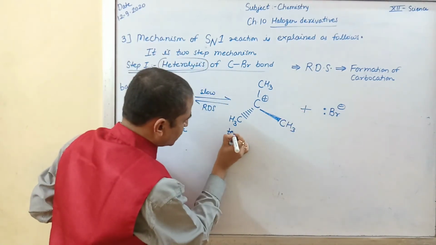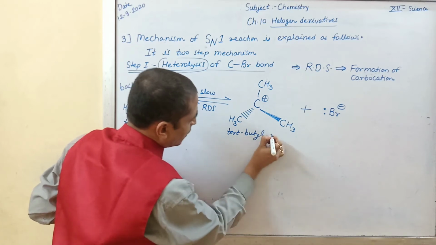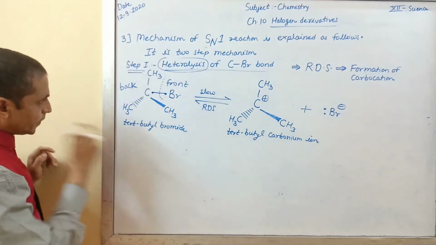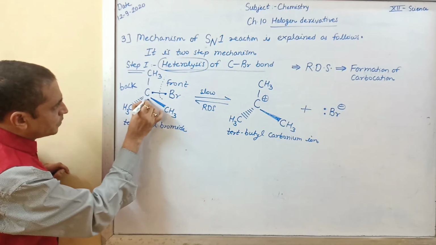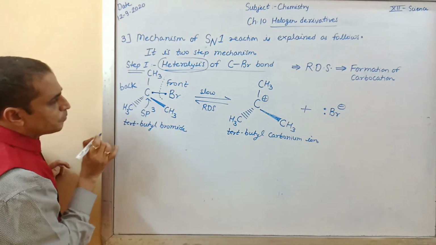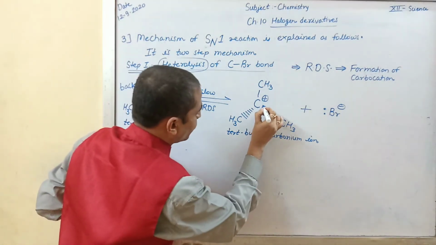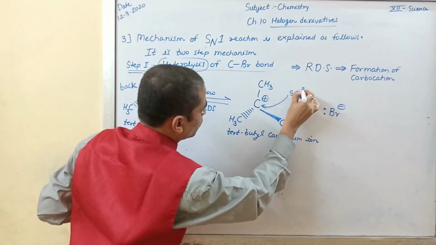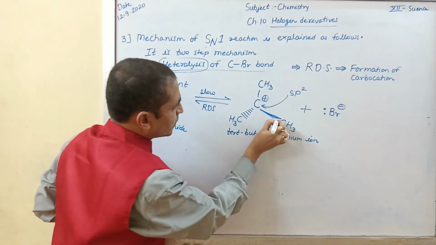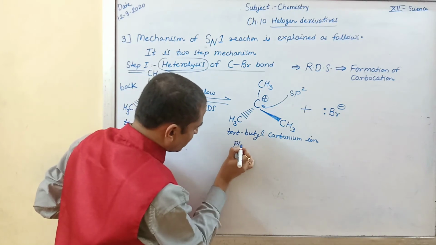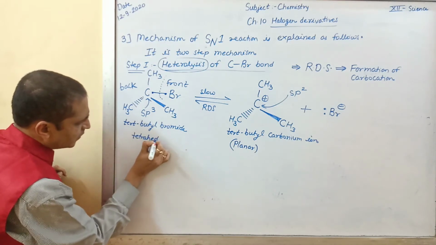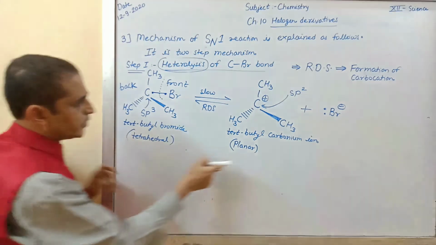This is called tertiary butyl carbonium ion. And you know that here this carbon atom is sp3 hybridized, but this carbon atom is sp2 hybridized. It is tetrahedral here, and planar there.